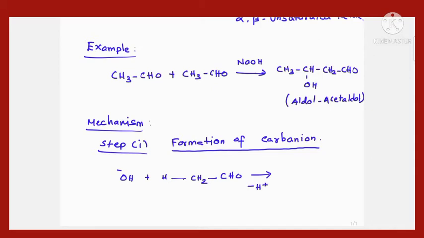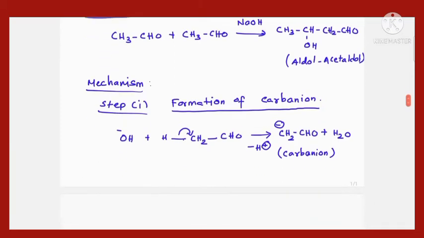So one alpha hydrogen will be removed as a proton, which will combine with OH minus and form a water molecule as a byproduct. Once this hydrogen is removed as a proton, this bond pair will be retained by the carbon, so that carbon will get a negative charge. So you get a species of formula CH2 minus-CHO. You can see this carbon is carrying a negative charge, that's why it is called carbanion. That's the first step of the mechanism, formation of carbanion from one acetaldehyde molecule.